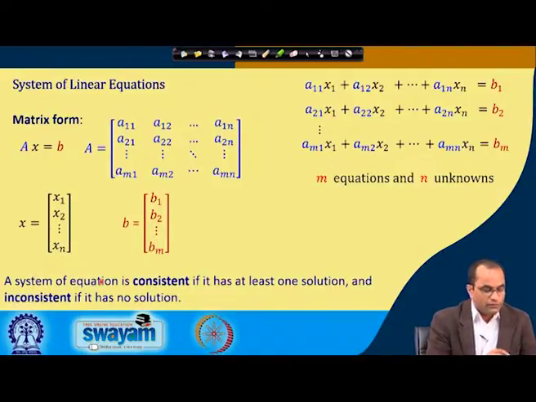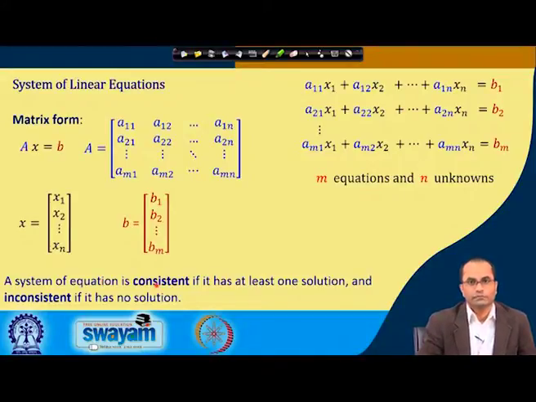A system of equations is consistent, that is the definition we will use, if it has at least one solution, and inconsistent if it has no solution. We will observe in today's lecture that there are several possibilities for the solutions.